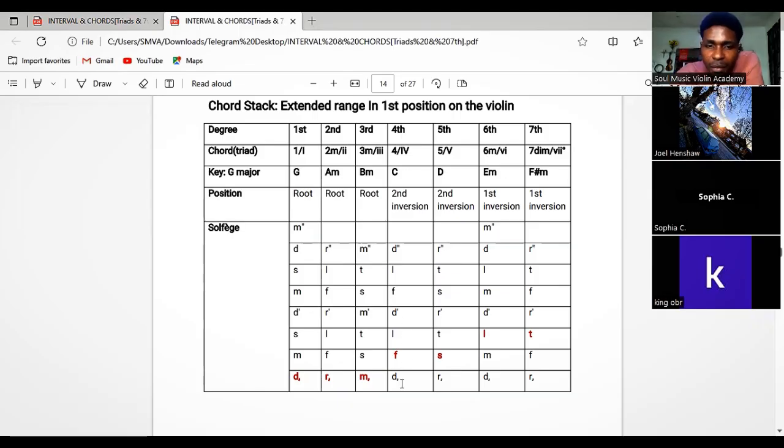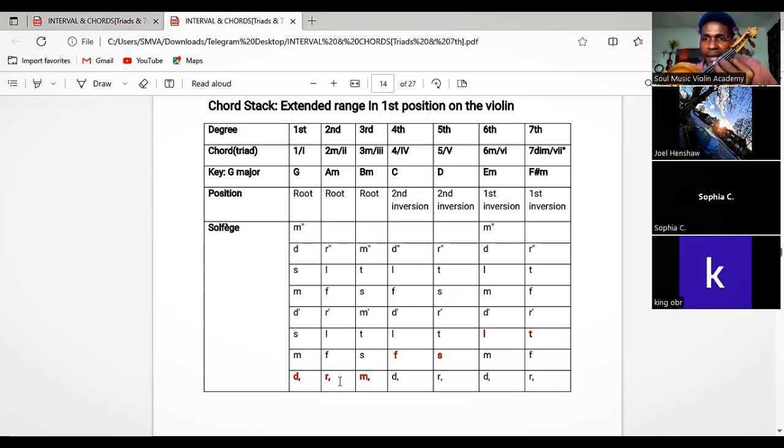The reason why I started from do is that there was no way I could start from anything other than the root position in the key of G major, because I didn't have any lower notes than re. Re was the lowest note on the G string. There is no fa or la below re. So that's why I started from re, which is the root position. Also mi for the third chord, there was no note lower.